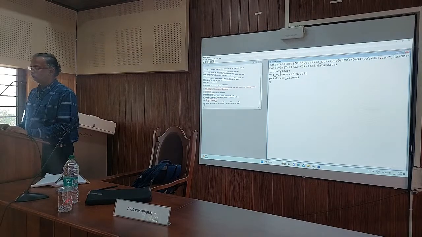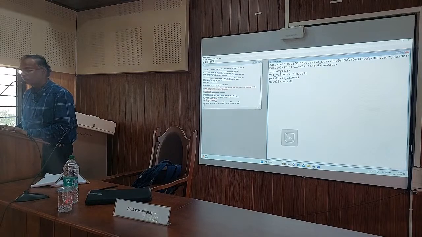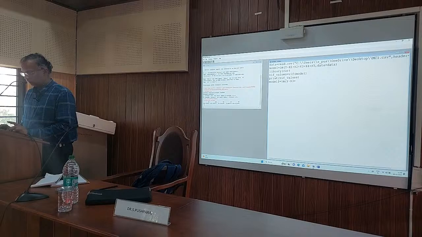Model 1 is equal to lm y tilde x1, x2, x3 plus x4.